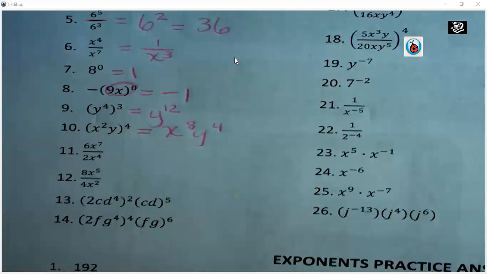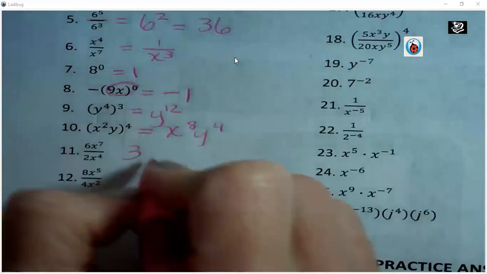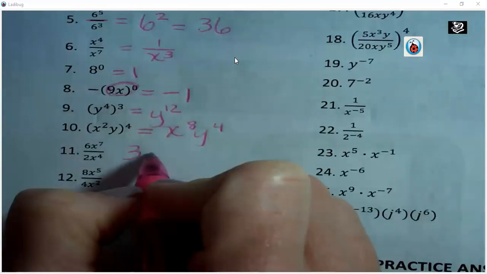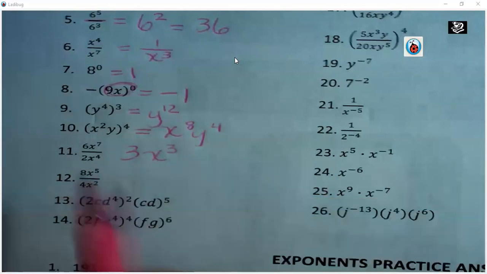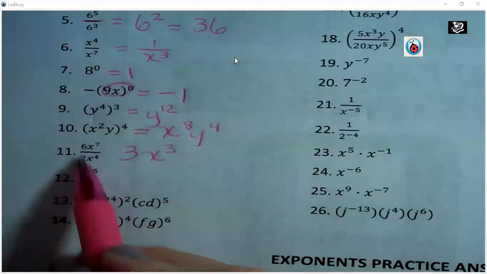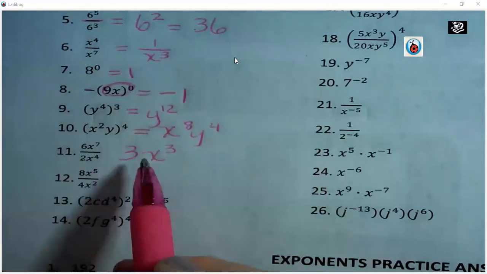So for 1, I guess the exponents will be subtracted, so it'll become 3. But like to the power of 3 anyway. Then the number should be, yeah. So you divide the 6 and the 2 to get 3, and then you subtract the exponents, okay?